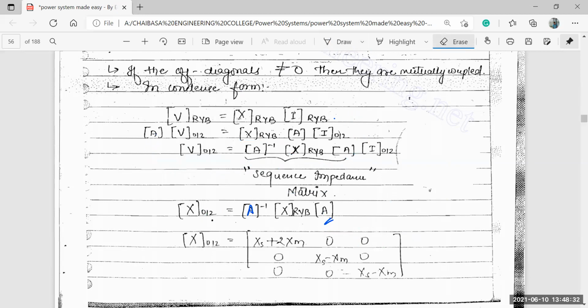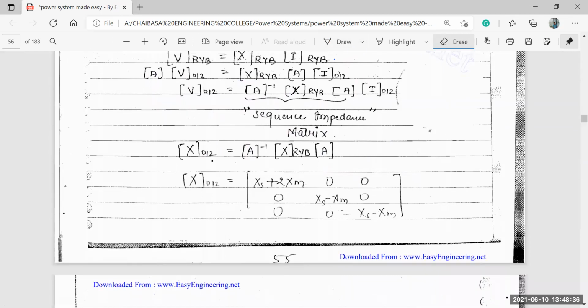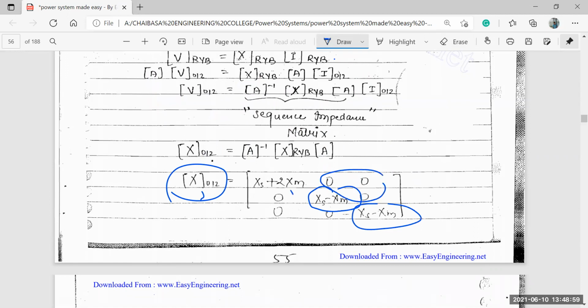We saw this in the previous class. So what will be the value on solving this? On solving, X_012 would be equal to a diagonal matrix with X_S plus 2X_M, then X_S minus X_M, and X_S minus X_M, and all the non-diagonal parts are 0.